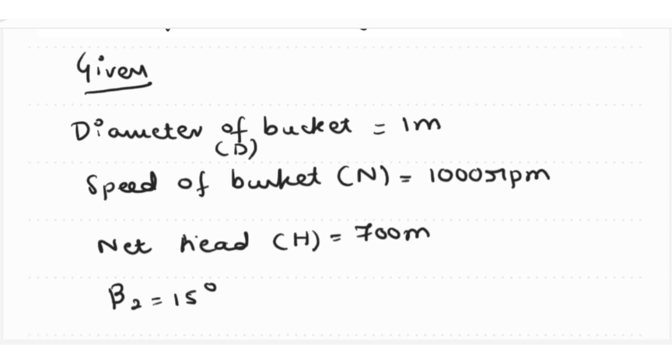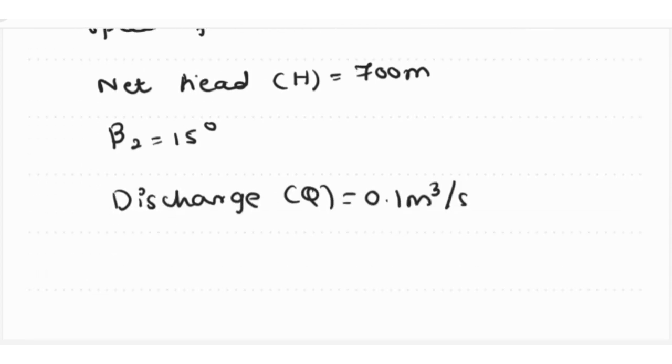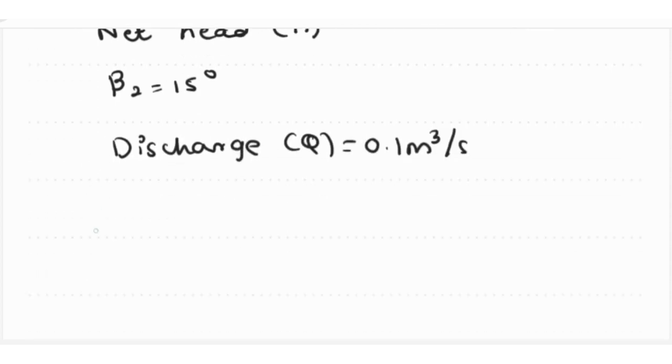So here the coefficient of velocity is not given, as well as speed ratio is not given here. So in order to calculate the velocity, we can calculate using the formula v1 is equal to Cv into root of 2gh.